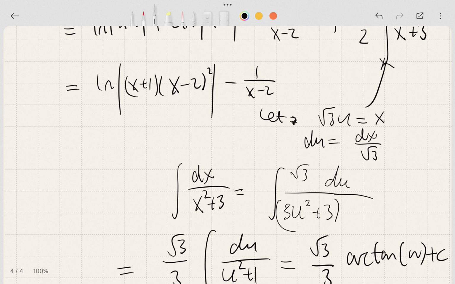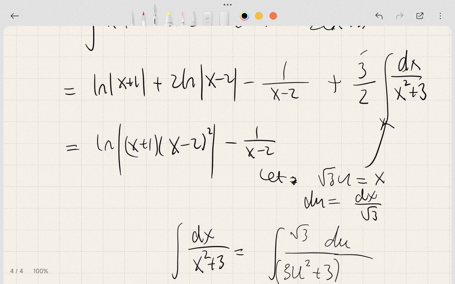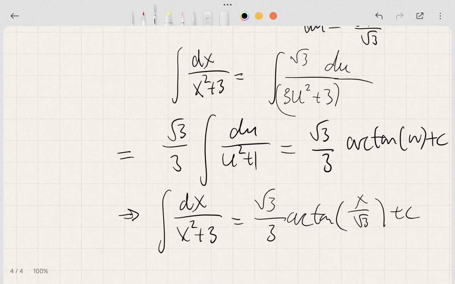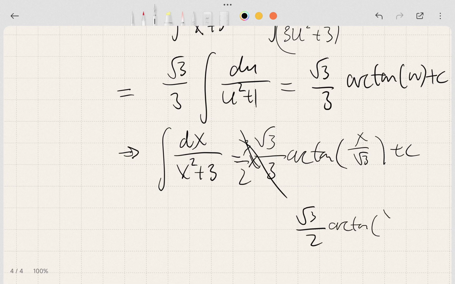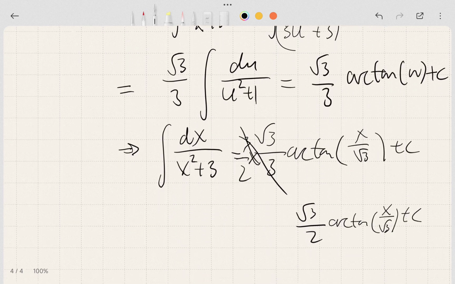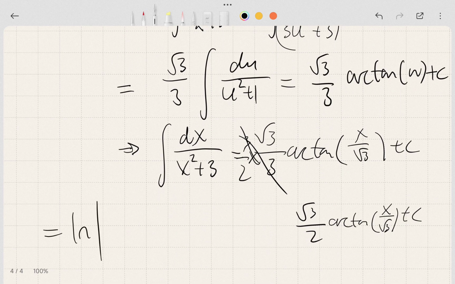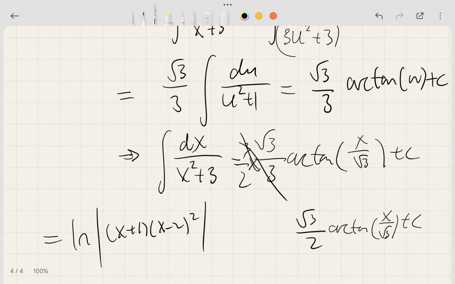If we substitute the values back to here, we have 3 over 2 multiplied by this expression. If you multiply, you cross it out, so you actually get root 3 over 2 arctan of x over root 3 plus C, and the logarithmic value is ln of x plus 1 times x minus 2 squared, minus 1 over x minus 2, plus this.